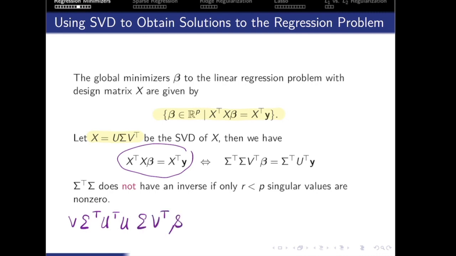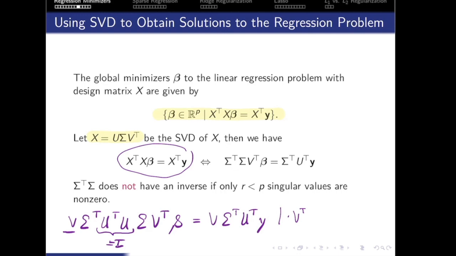And this we multiply with beta, and then we have here X transposed times Y, where X transposed is V times sigma transposed times U transposed, and then times Y. Now here we have U transposed times U, and U is orthogonal, so this is equal to the identity matrix. And then we can multiply this equation with V transposed from the left, because here we have V on the left, and we want to solve now for beta.